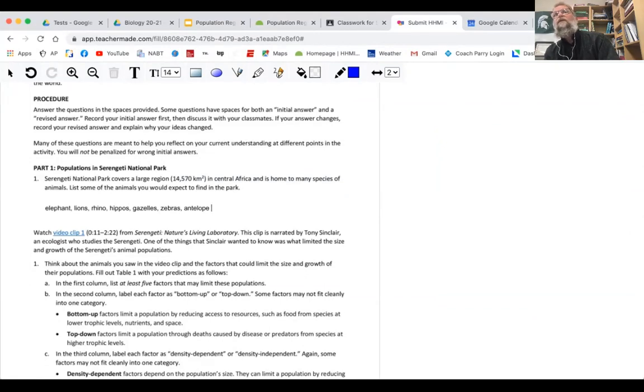We also had some smaller organisms like ants, snakes, giraffes aren't smaller, but giraffes, zebras. And these were some of the things that students earlier today predicted that we would see in the national park.